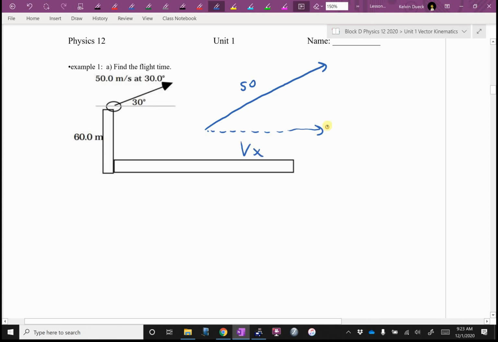There's Vx. There's Vy initial. 30 degrees. Is this a projectile? T-table. Horizontal, vertical. I'll change colors just so it stands out a bit.